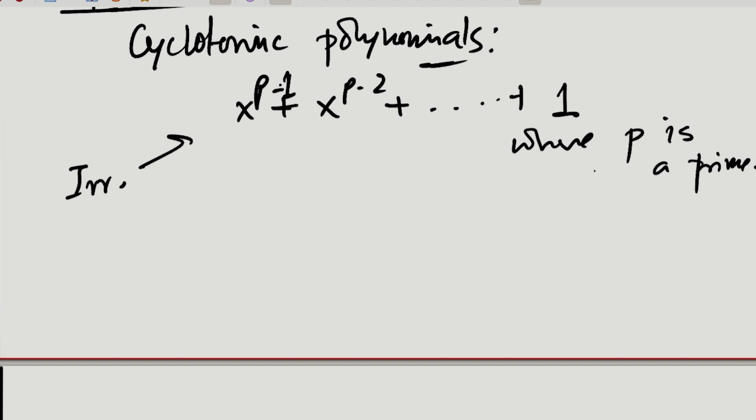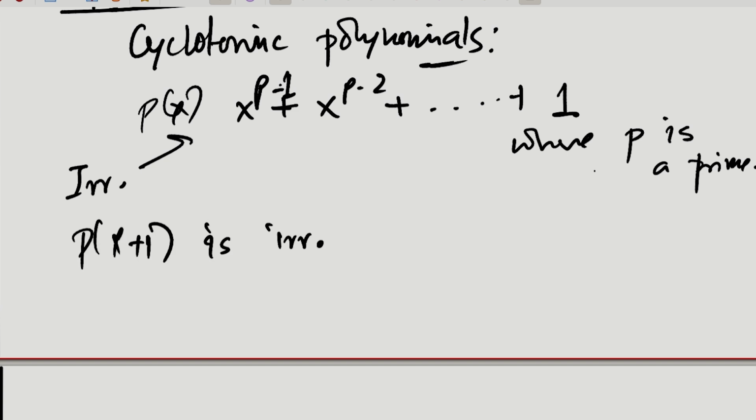So what do we do? This is where a standard trick comes into play. It's called shifting. So instead of working with p(x), I'll show that p(x plus 1) is irreducible. But if p(x plus 1) is irreducible, that actually does imply that p(x) is also irreducible. Why?